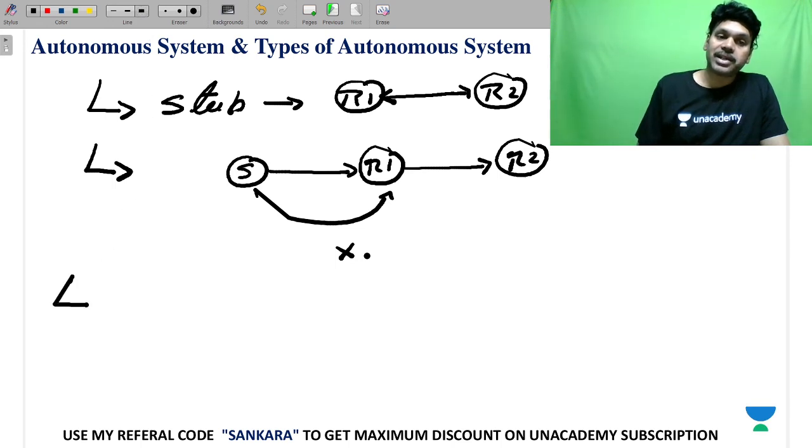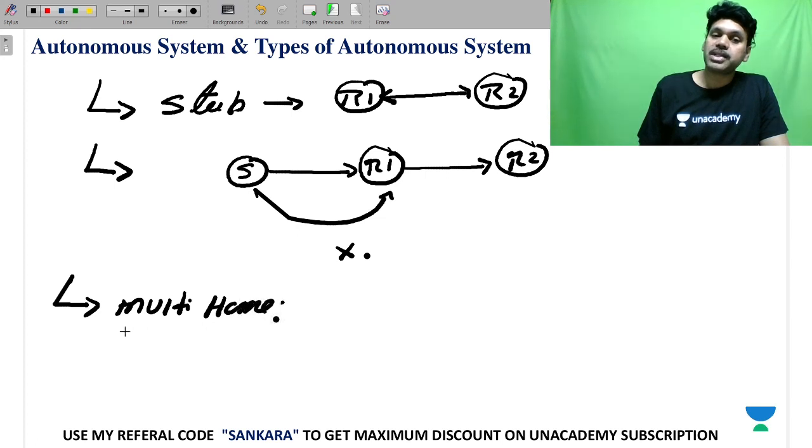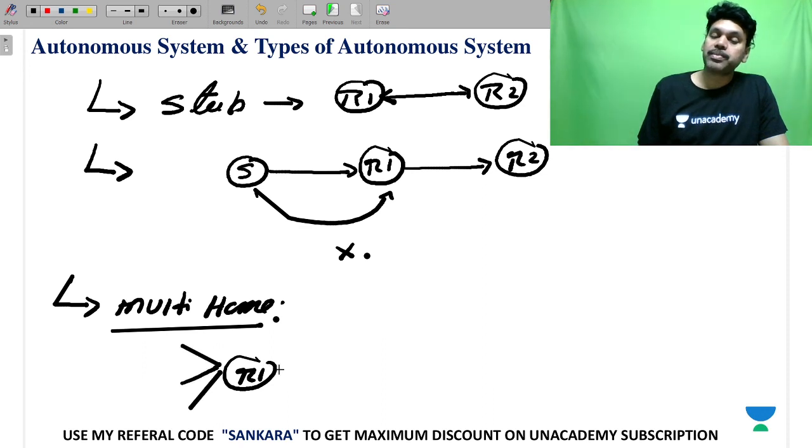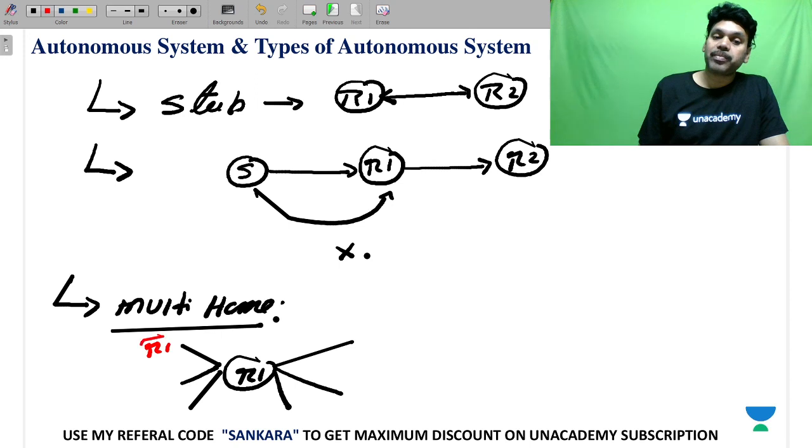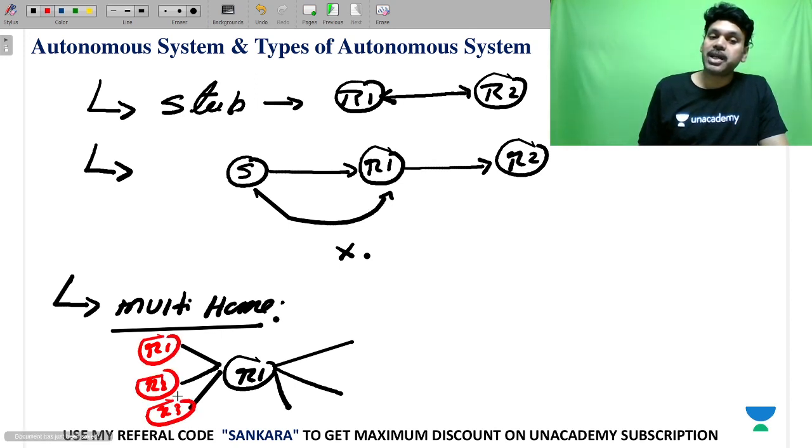The second variety is multi-home. What is a multi-home? This router R1 can have multiple inputs, and router R1 can have multiple outputs. That means it can get data from any kind of input routers.